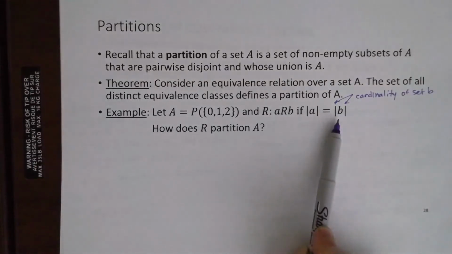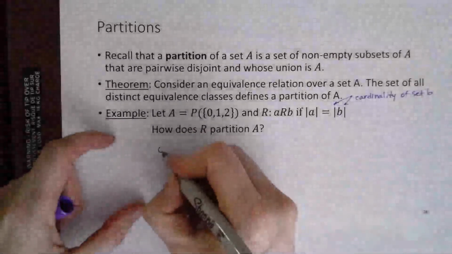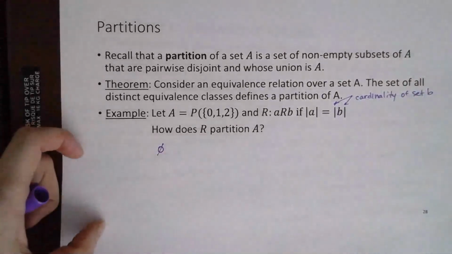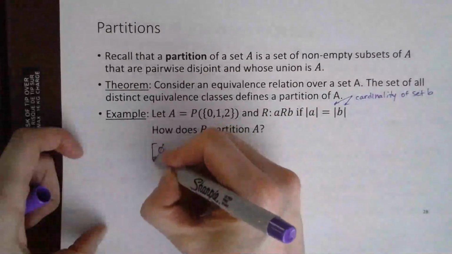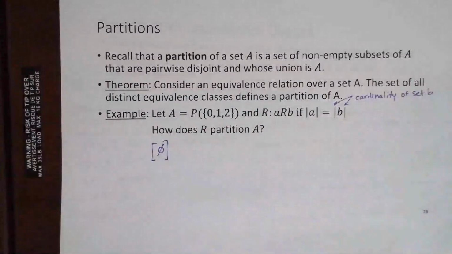Let's think about what's the smallest set that you can think of in the power set of {0, 1, 2}. The null set, the empty set. Now I want to think of everything that's related to the empty set.